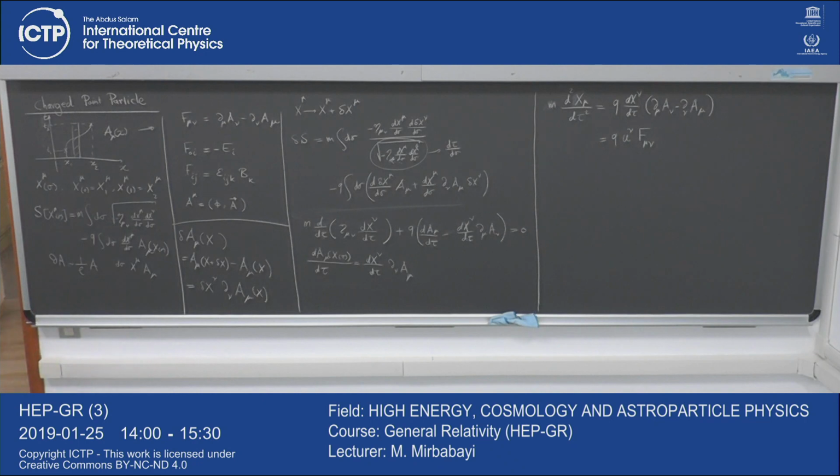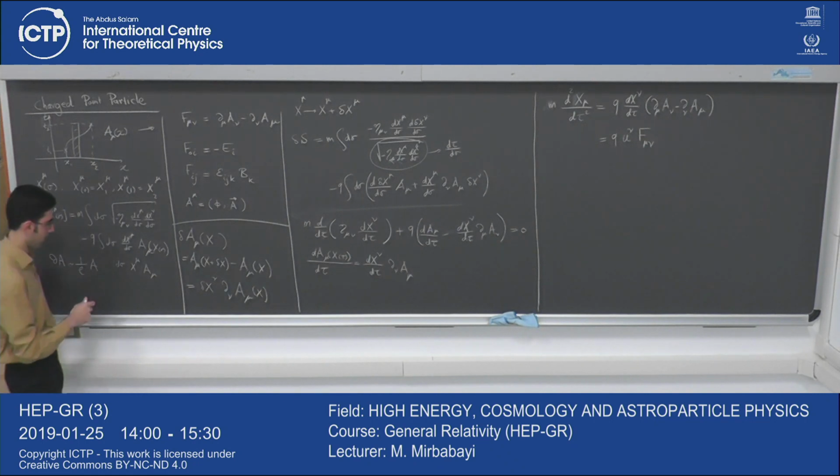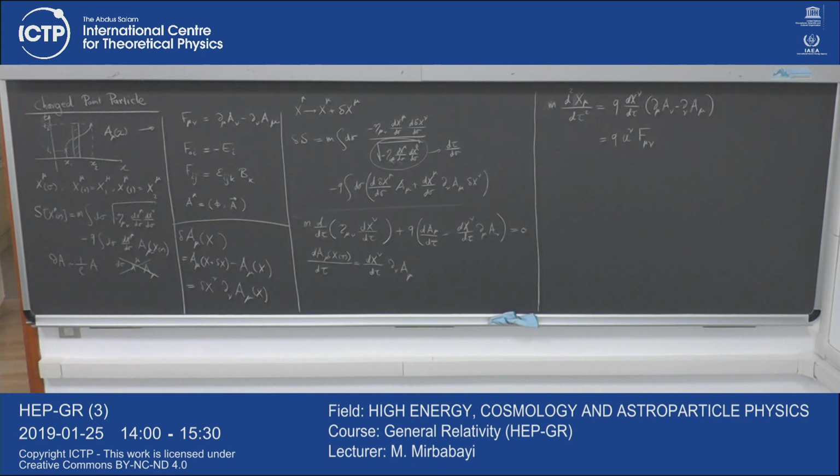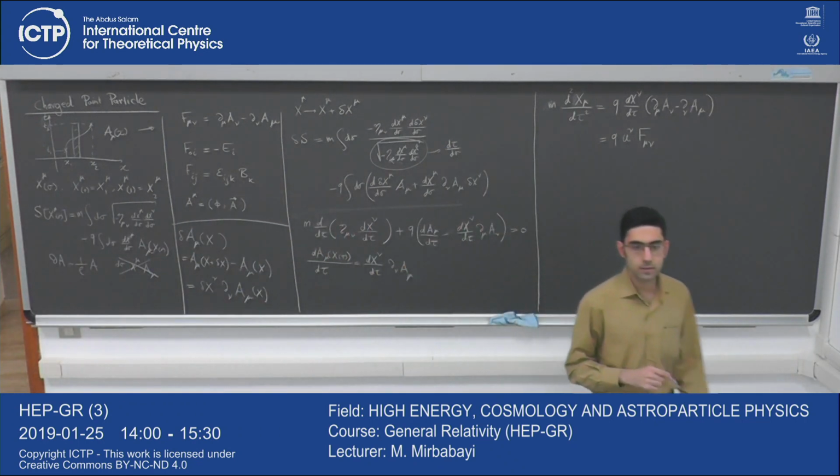So the rule for writing the action was that we want an action which is invariant under Poincaré transformations. This one doesn't satisfy that. Okay, so other questions?